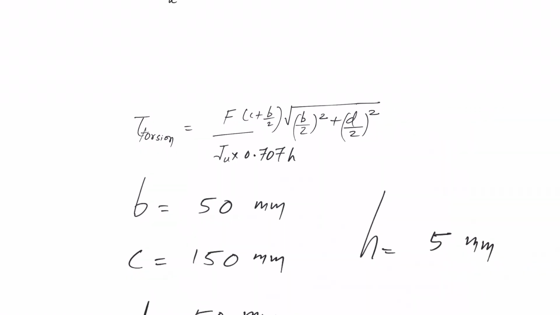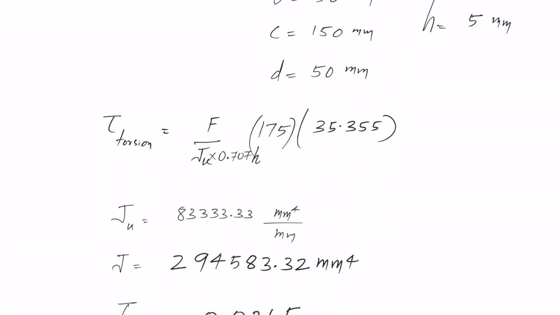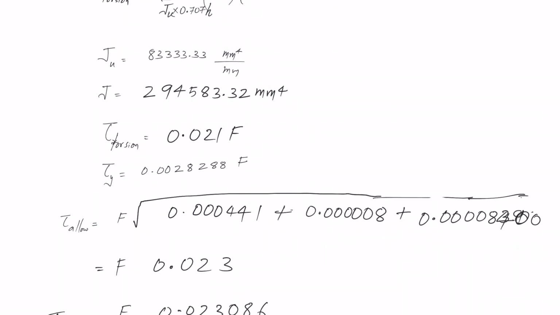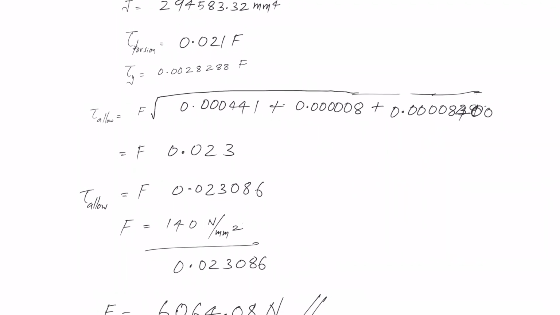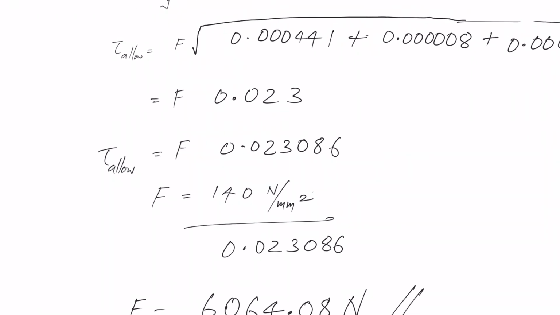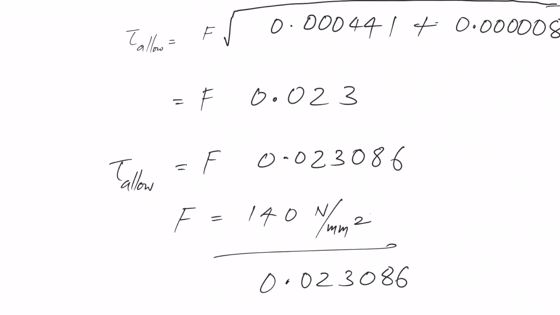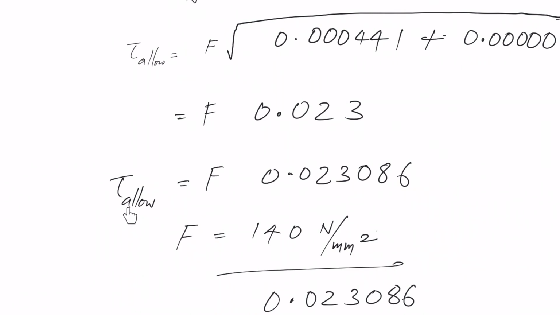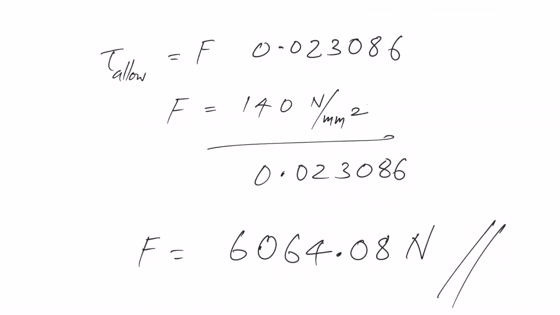Once you get all these things, it's all plug and chug. Let me not go into the details. Finally you have an expression for the resultant shear stress in terms of the external force, and the allowable shear stress is only 140 newton per mm square. Plugging that in, you can simply evaluate the maximum load as about 6.06 kilonewton.